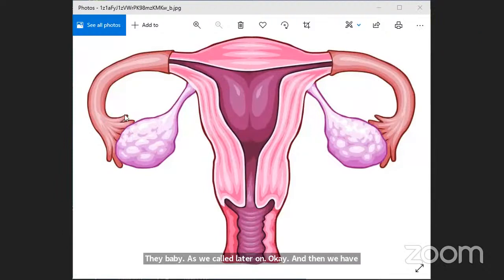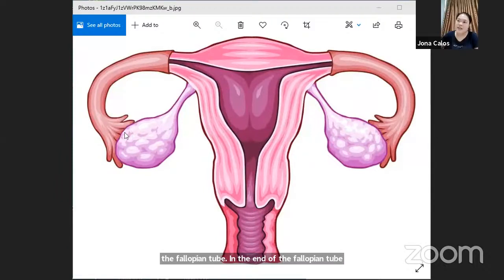At the end of the fallopian tube is the finger-like structure called the fimbriae. And of course, we have the ovaries. The ovaries are the female counterpart for the testes or the testicles. The fimbriae here is the female counterpart for the epididymis. And the fallopian tube is the female counterpart for the vas deferens.